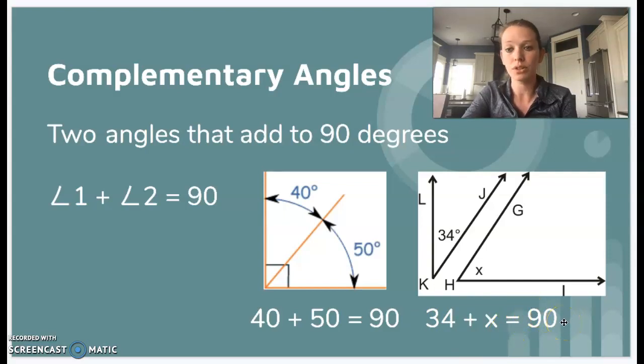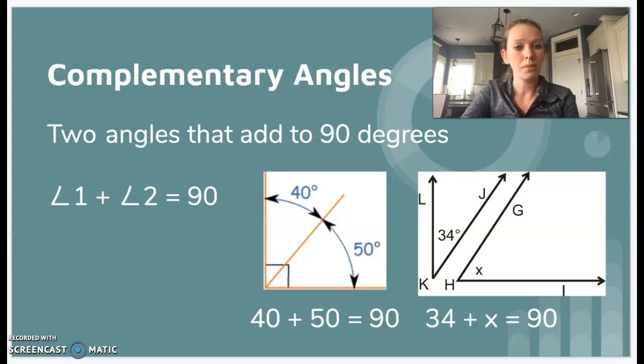Then you could solve for that. You just do 90 minus 34 to get 56. So you'd find out that that angle is 56 degrees. That's one way that we can figure out, if we know what type of angles they are, their measure, the number that they are.